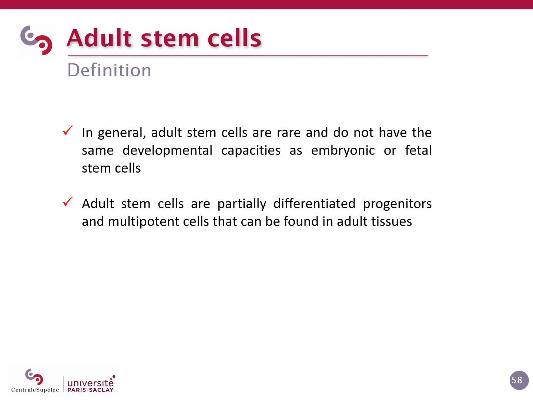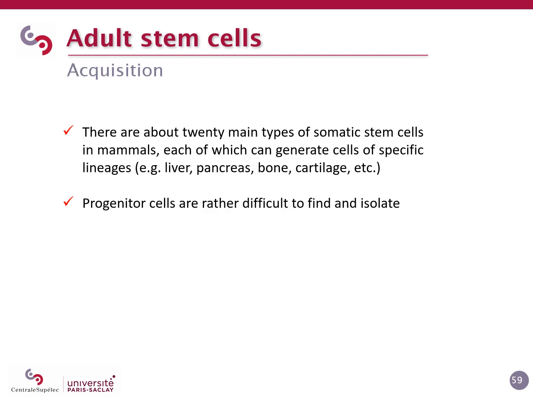Adult stem cells are partially differentiated progenitors or multipotent cells that can be found in adult tissues. There are about 20 main types of somatic stem cells in mammalians, each of which can generate cells of specific lineage, for example, liver, pancreas, bone, cartilage, etc.